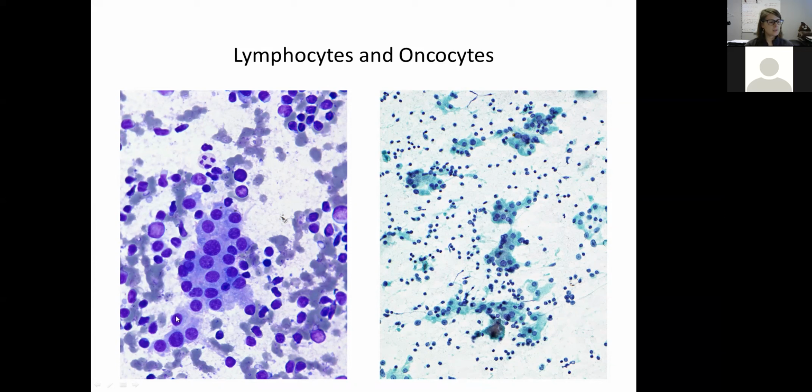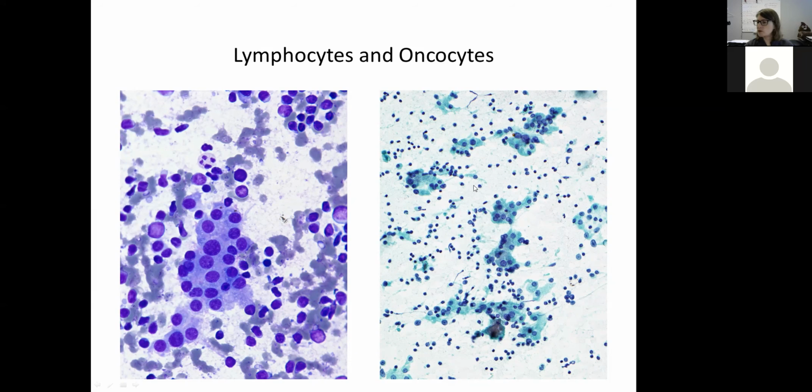a smaller cluster of cells here. However, the nuclei are still relatively round and regular. The cytoplasm is perhaps a little more abundant and granular, and there are these very small lymphocytes in the background. I will tell you these large cells are trying to be oncocytic in morphology, and these smaller cells are lymphocytes in the background.